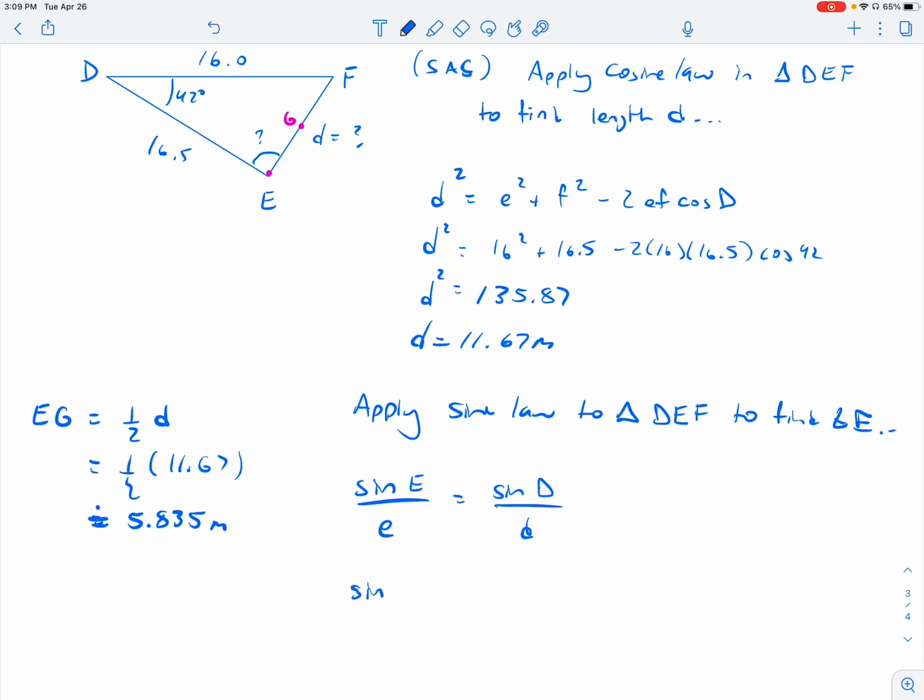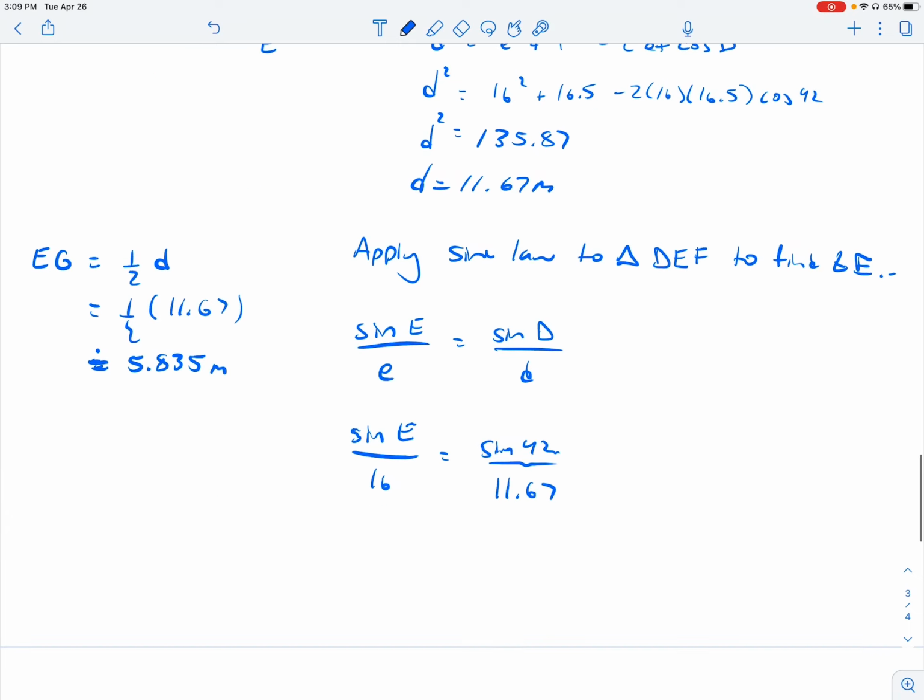Okay, let's plug in our information. Little e is 16 and sine of 42 over D, what we just found, 11.67. Multiply both sides by 16. That will cancel that out.